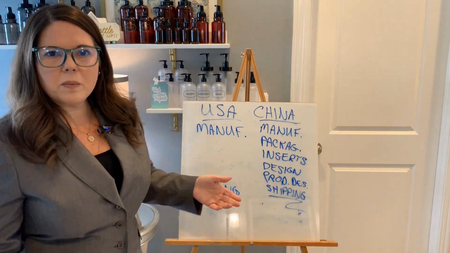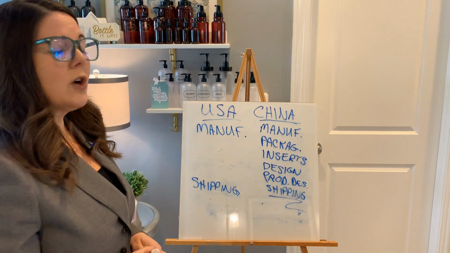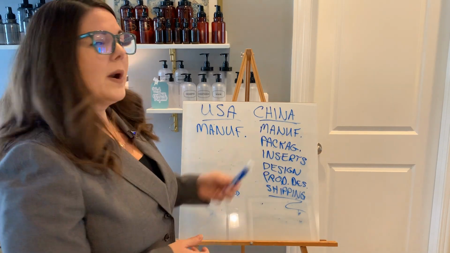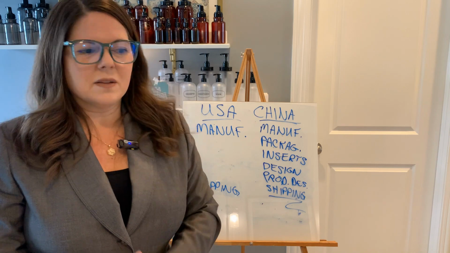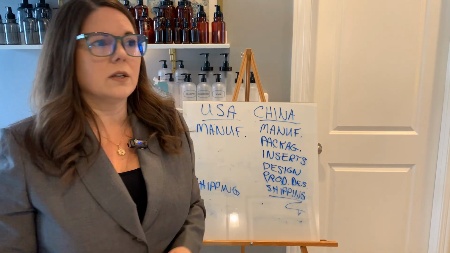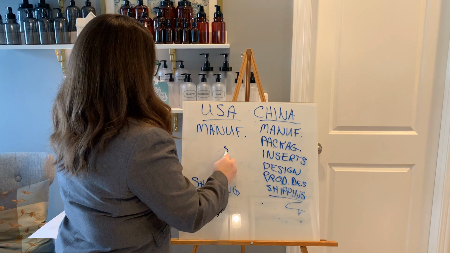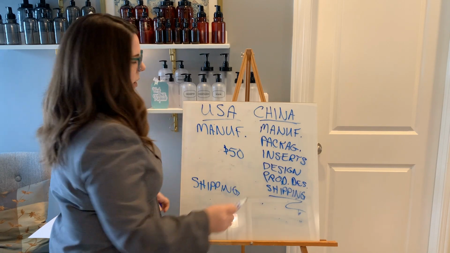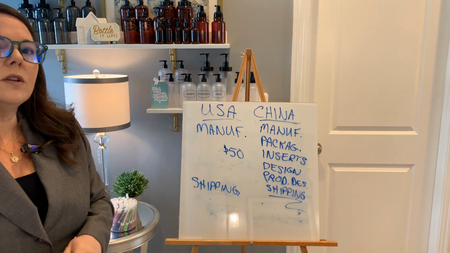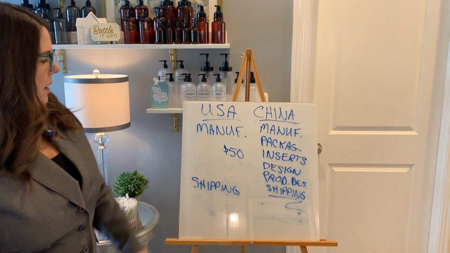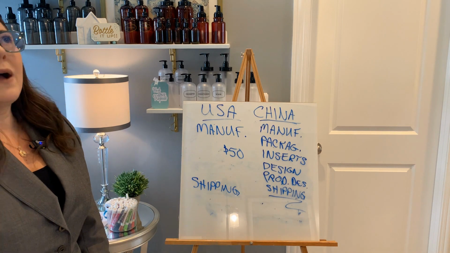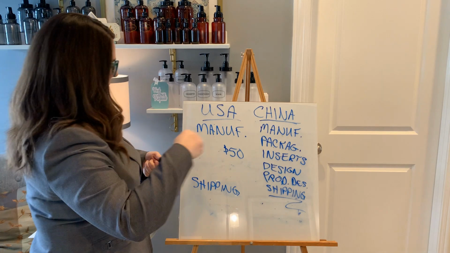Do you know how much shipping costs in the USA? Have you ever tried to ship a 25-pound carton that's about 20 inches in each direction? If you haven't, I'll tell you right now, it costs about $50, one carton. 10,000 units would fill about 500 cartons, okay?